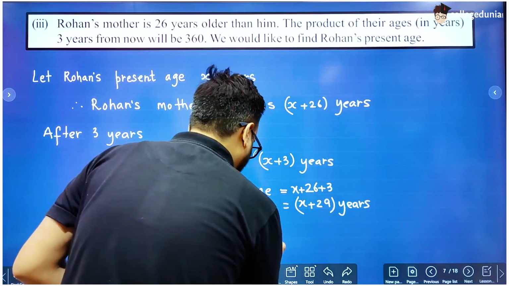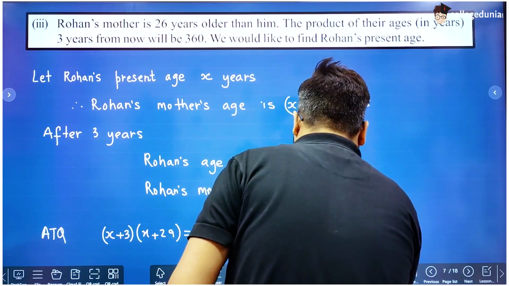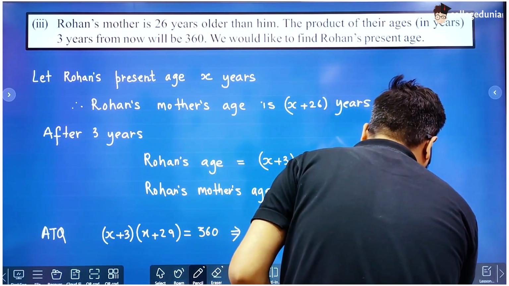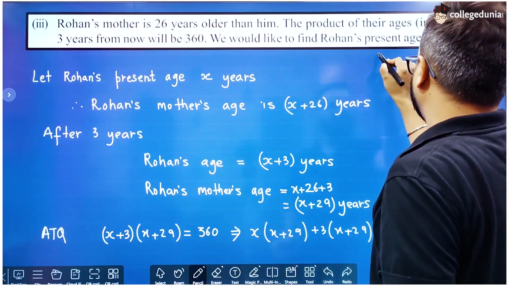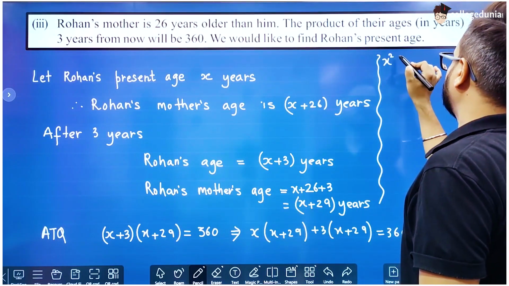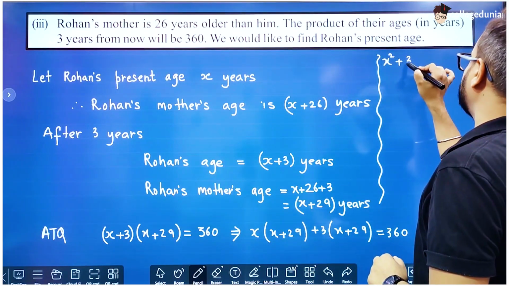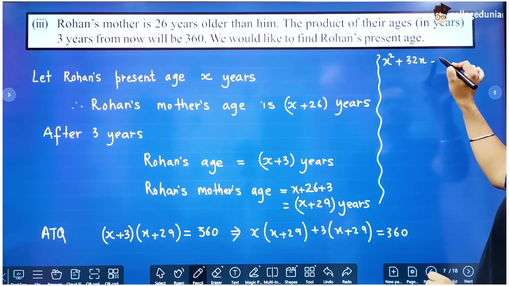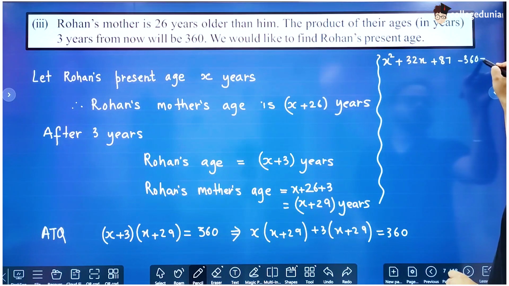So x square, okay, let's multiply it stepwise. Let me write it here. x square plus 29x, and here you will get 3x. So this is x square plus 32x, and 3 into 29 is 87, minus 360 equal to 0.